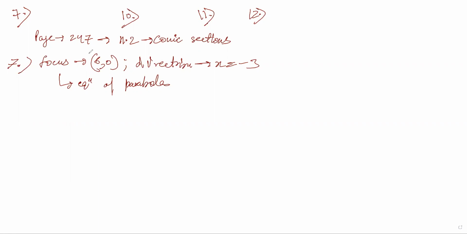Good. So as soon as I know that the focus is (6, 0), I know that the focus is lying on the positive direction of the x-axis. So this has to be a right-handed parabola.